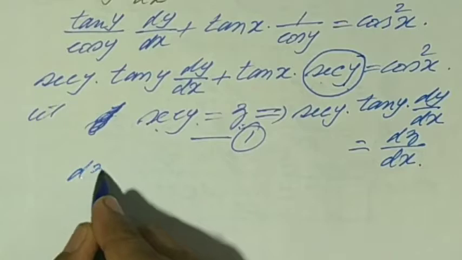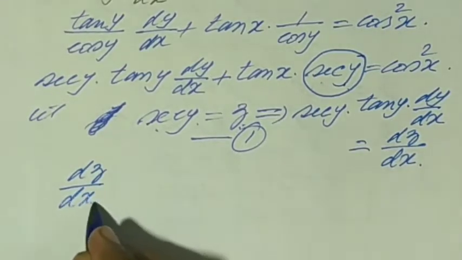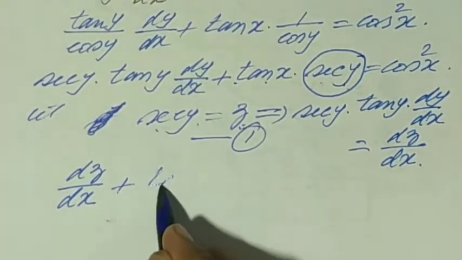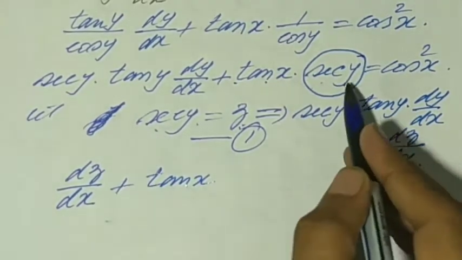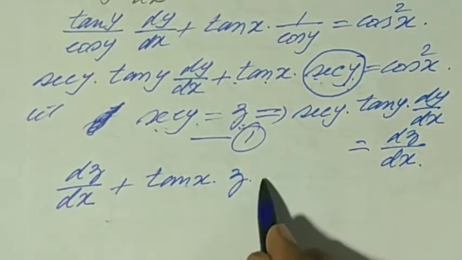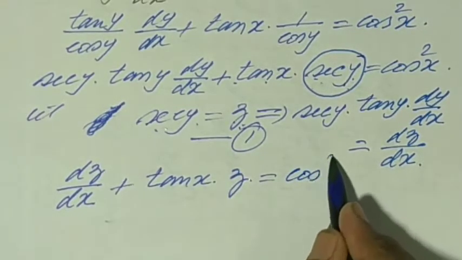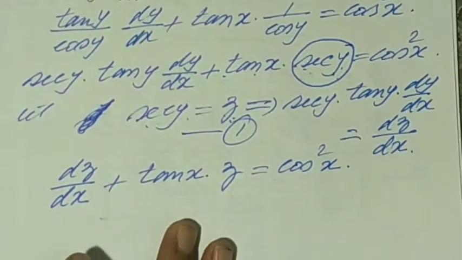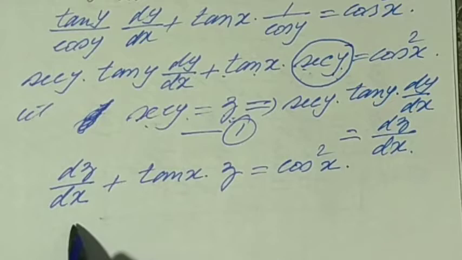Dz upon dx plus tan x, and sec y we have assumed z, is equal to cos square x, and obviously this is a linear differential form.